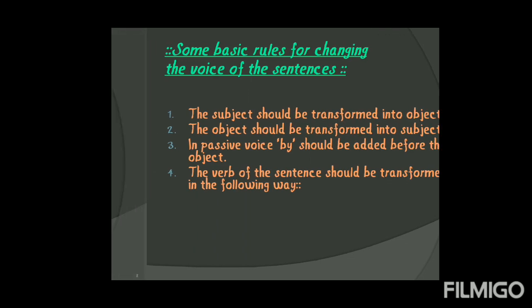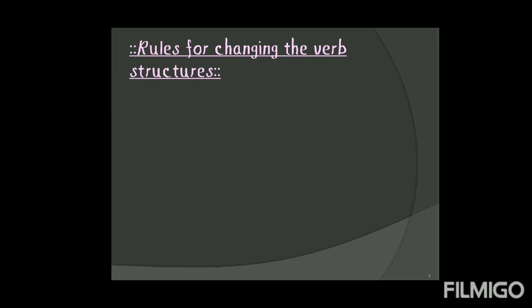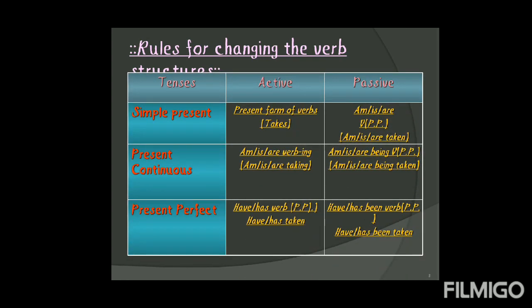This is for the present tense. And in present, you get the forms of simple present, present continuous, present perfect. And if you look at them properly, what do you get? Obviously, the basic form with which the verb pattern is formed in active must be changed to be plus the past participle form of the verb, and you get the passive form.